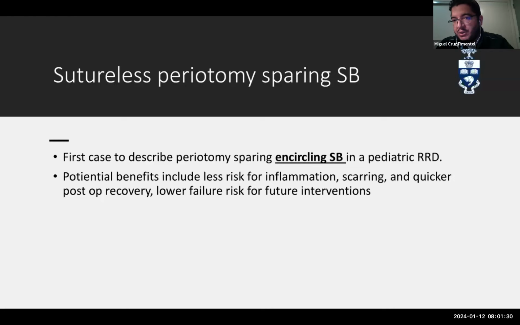And also we want to address that everything that we do in medicine is an evolution, as Mohammed was mentioning in his talk. It took 40 years since the description of the 360 limbal peritomy by King and Scheppens and others in the 70s to evolve to this limbal sparing peritomy procedure that we have been seeing since 2014 and 2019, and now with our case.